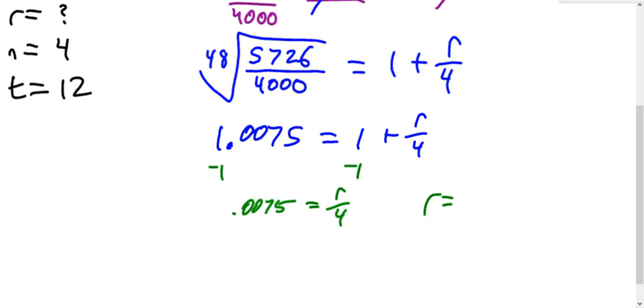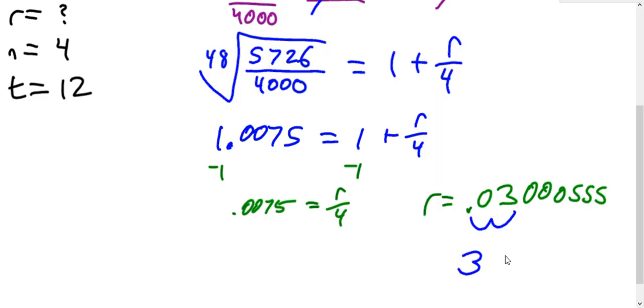And you get 0.03000555. And that is our interest rate, which should be written as a percentage. So move it 2 spaces for your percent, and you get 3.000%, so 3%.